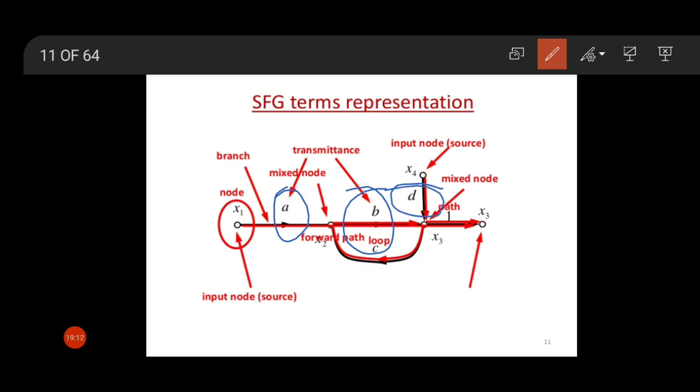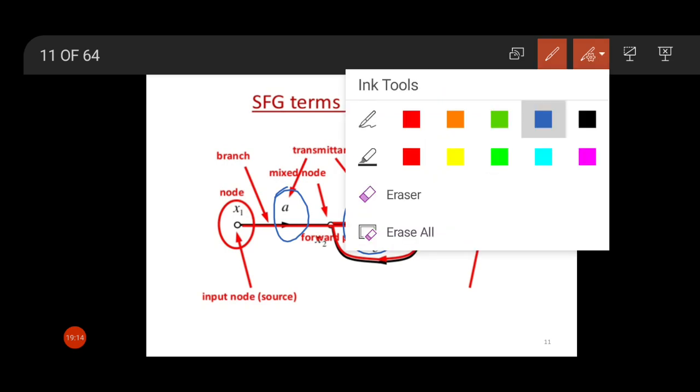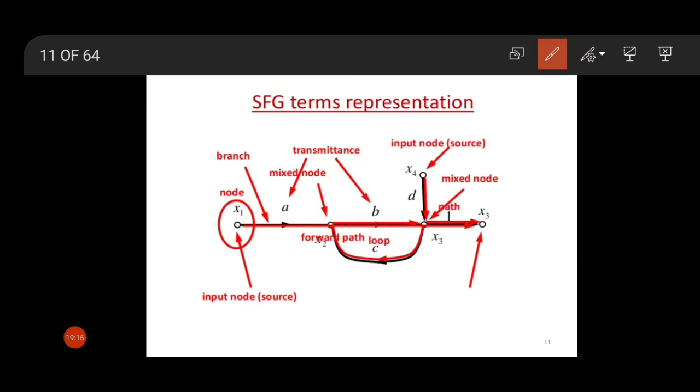Forward paths: how many forward paths are there? This is one forward path, X1, X2, X3, X4.